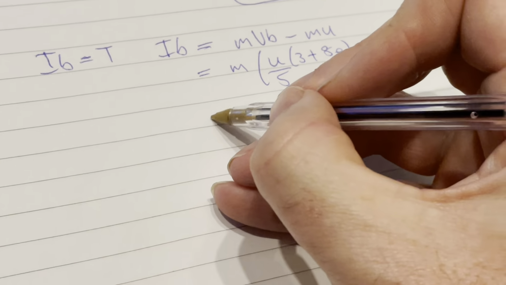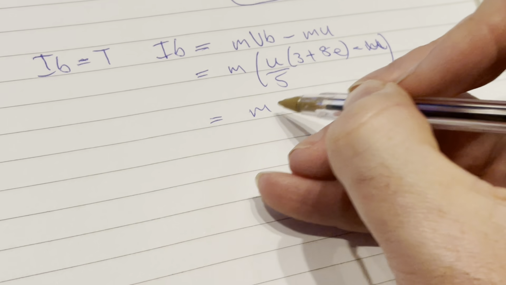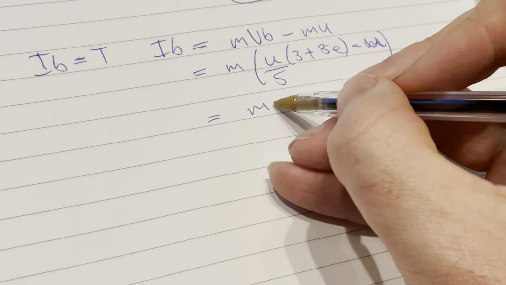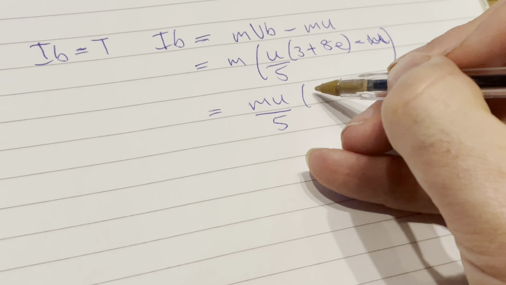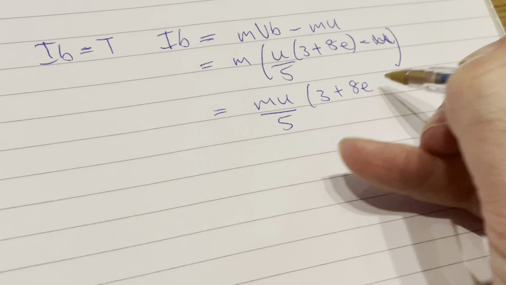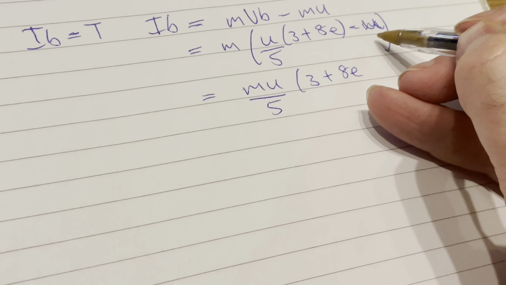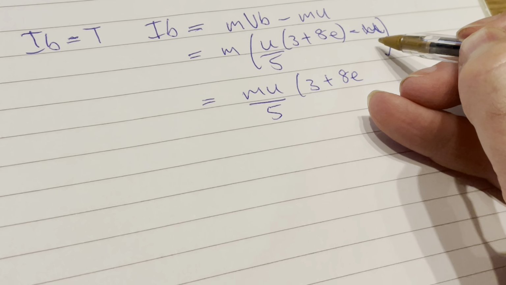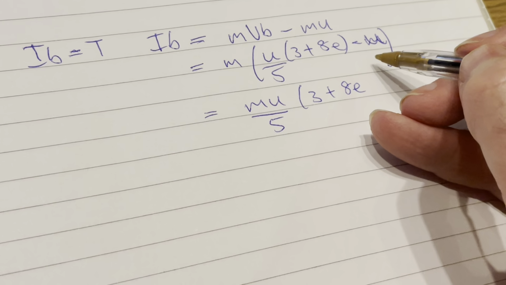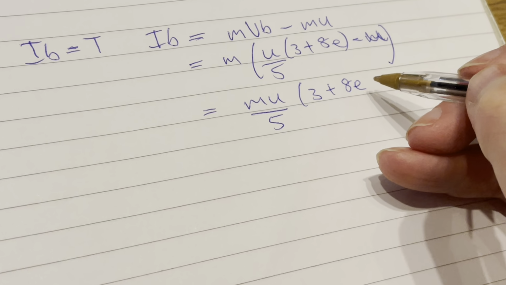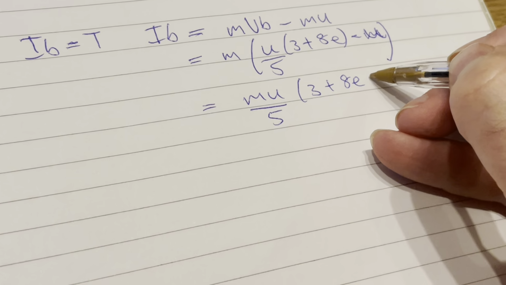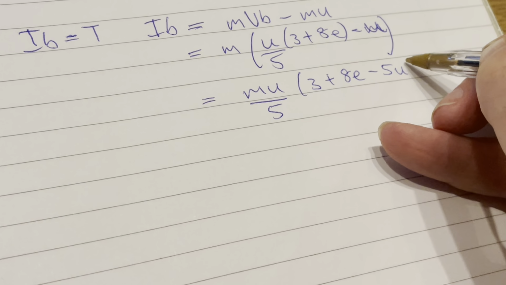So it's equal to mu over 5 times (3 plus 8e), and it'll have to be minus 5u.